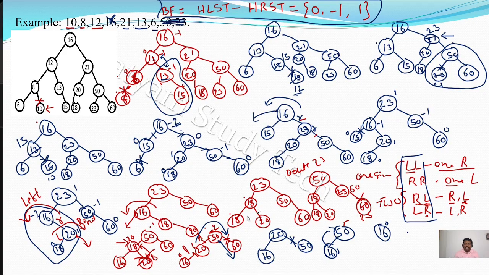So what is the time complexity of this one? For example, I consider 10, 20, 30, 40. So the time complexity of BST. What is meant by BST? Already we have discussed: binary search tree. Left subtree values are less than the root, which is less than the right subtree values.